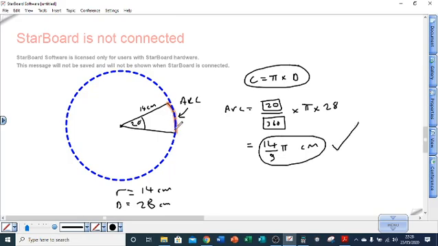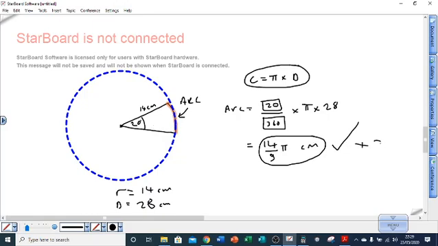Now, if you're asked for the perimeter of this sector, well, obviously you've worked out this length, but you need to add on this length and this length. Well, that's a radius and that's a radius. So you'd have to do 14/9 pi, which is that length there, and you'd have to add on 14 and 14.